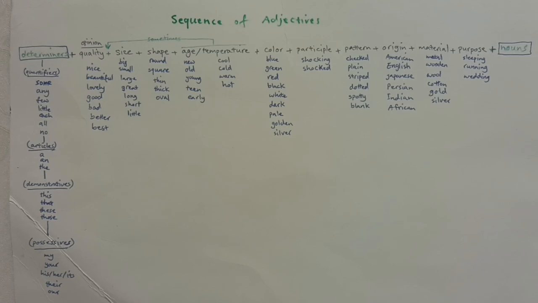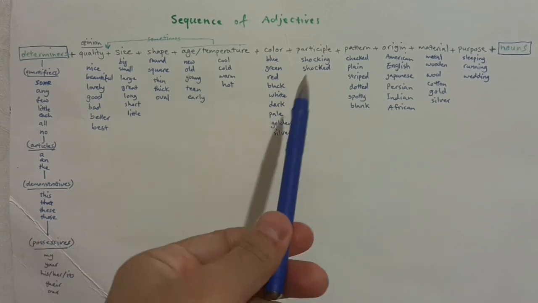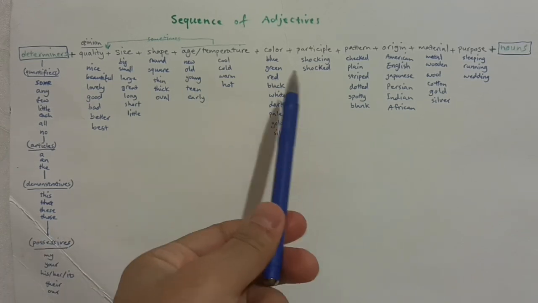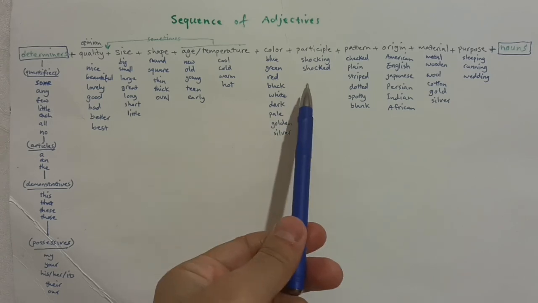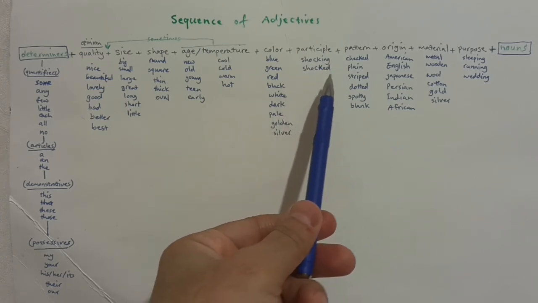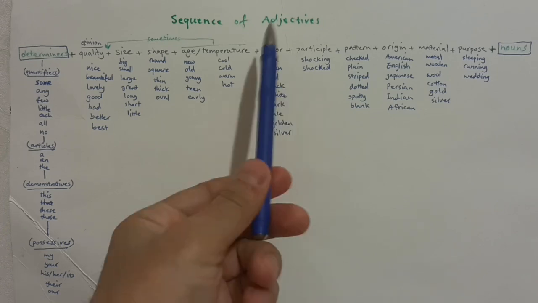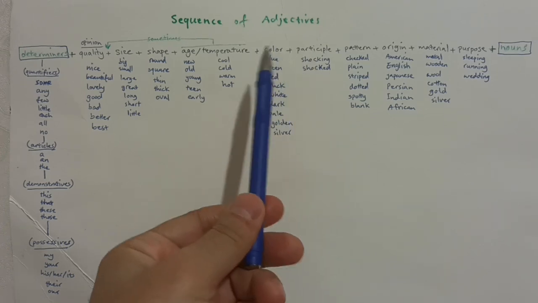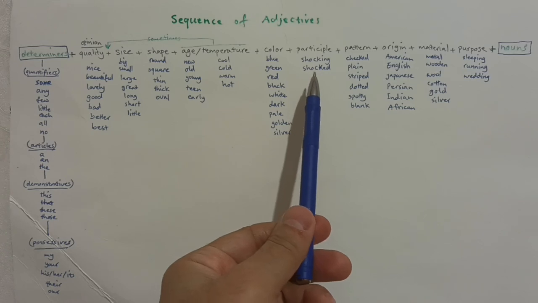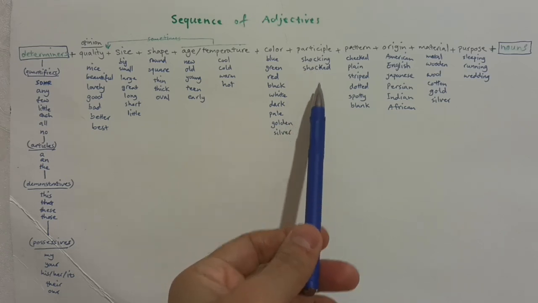But when participles are functioning as adjectives, such as shock, shocking, or shocked, whether with -ing or -ed, the past participle form, they both function as adjectives. So after the color comes the adjective of participle.